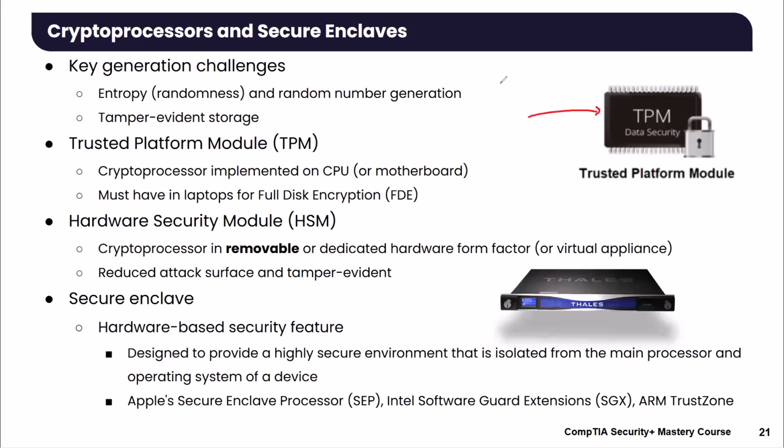Most desktops don't have a TPM, because why would you fully encrypt your desktop machine? You don't go anywhere with that thing. On your laptop, if you work for agencies like the FBI, you've got to have full disk encryption, and the place you store your keys is in the TPM.